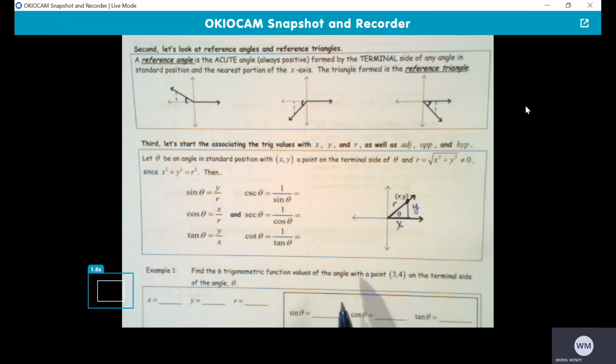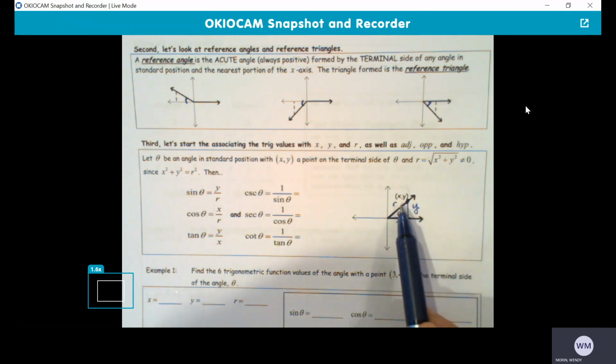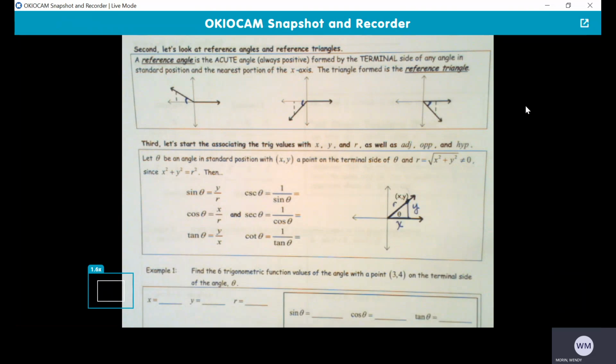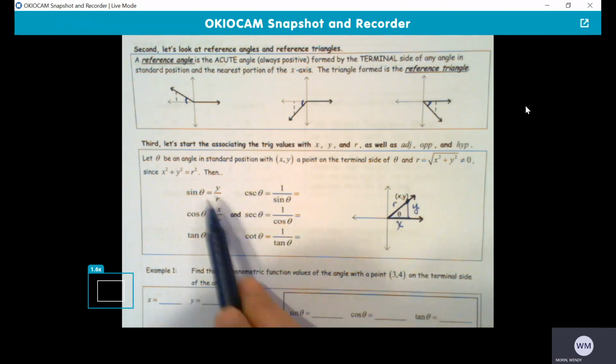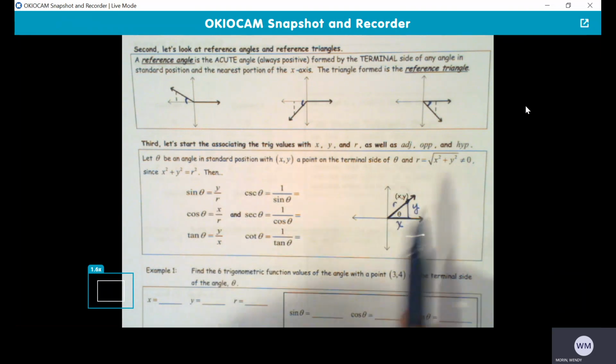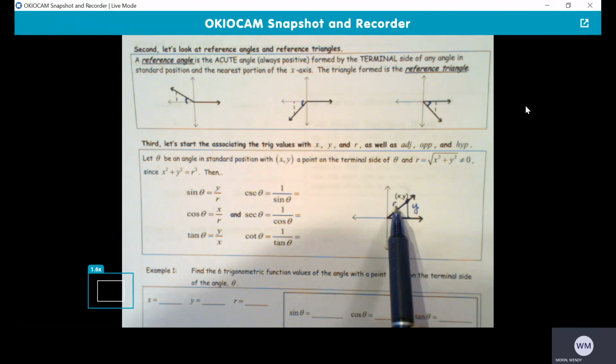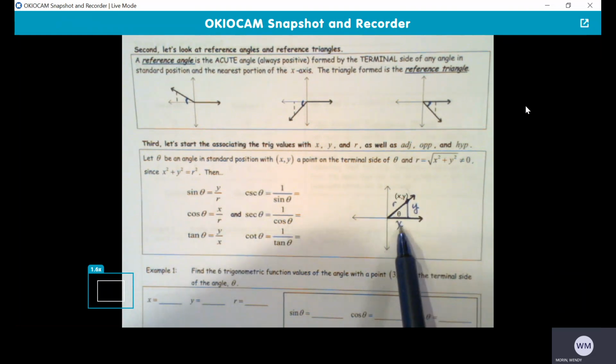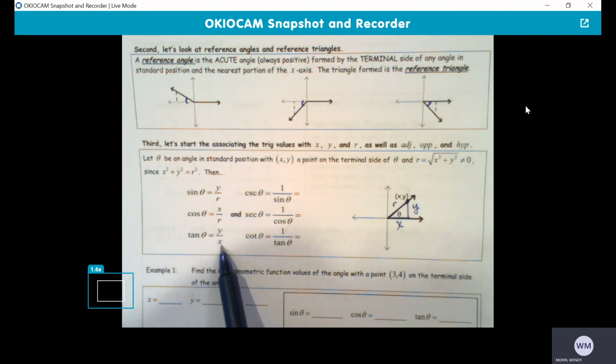I don't tend to use x's, y's, and r's. I just like my SOHCAHTOA. Opposite over hypotenuse. That's y over r. Okay, that's where the y over r comes from. Cosine, adjacent over hypotenuse, x over r. Tangent, opposite over adjacent, y over x.